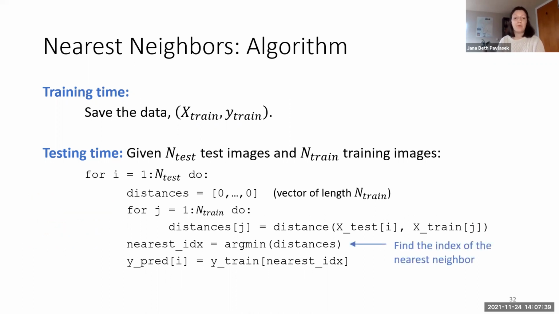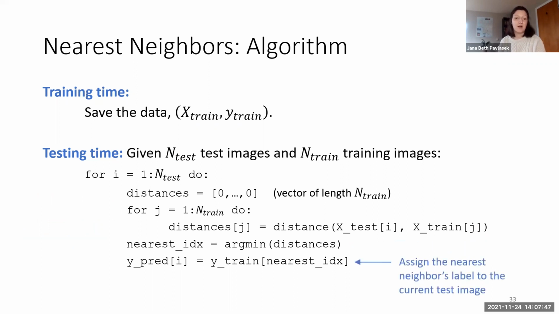Then we will find the nearest neighbor to our current test image, and then we will set our prediction to the same label as our nearest image in our training set. We can do that for however many test images we're given, and that's our nearest neighbor algorithm.